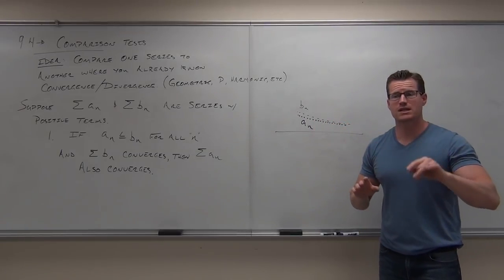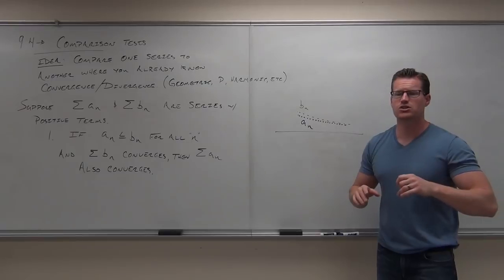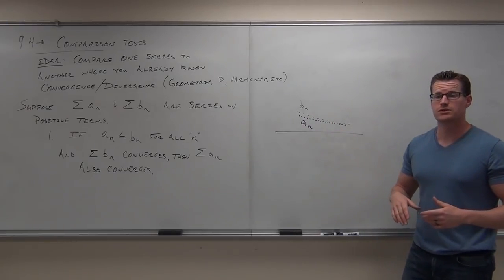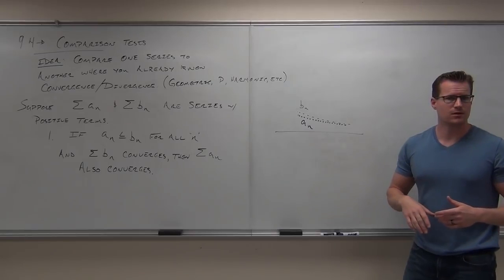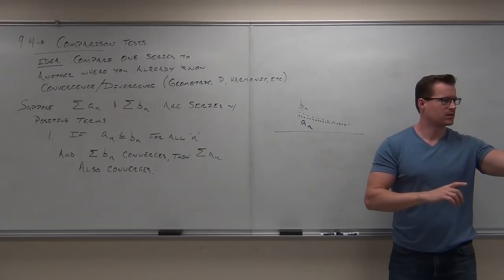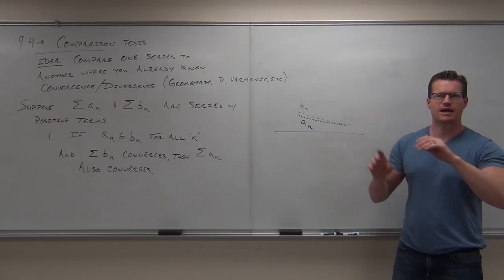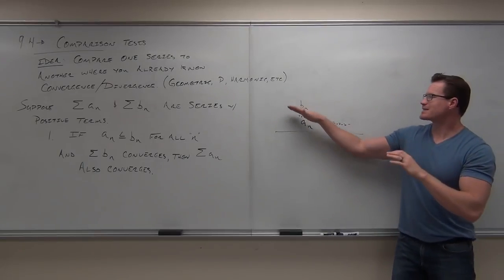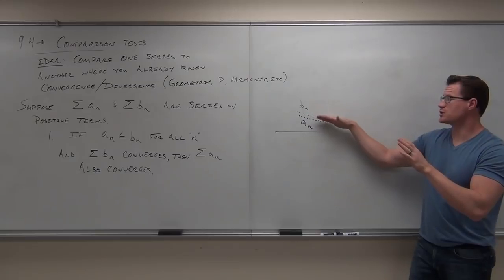What's it going to take to show that a series would be divergent? What would have to happen here to show divergence? A sub n will have to diverge to show that B sub n is divergent. Okay, I'm going to state it as A sub n being compared to B sub n.